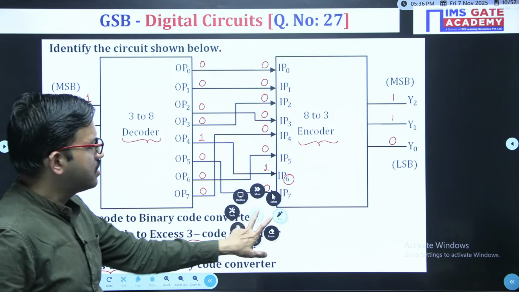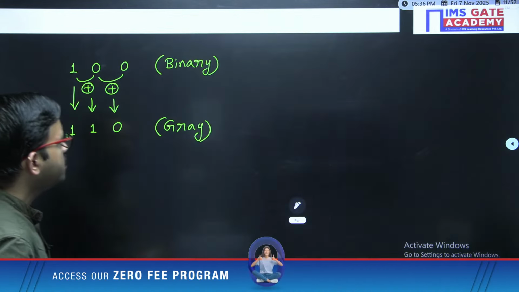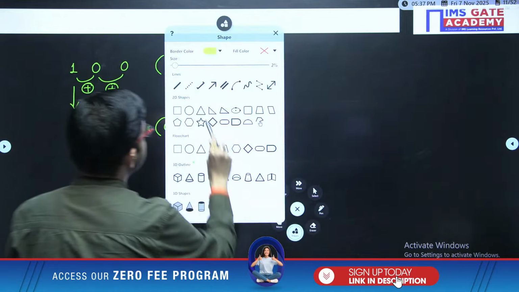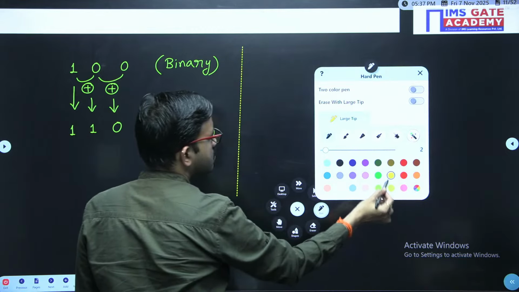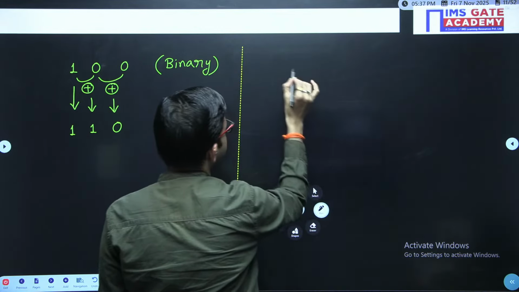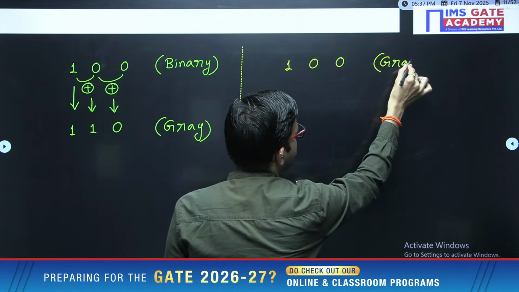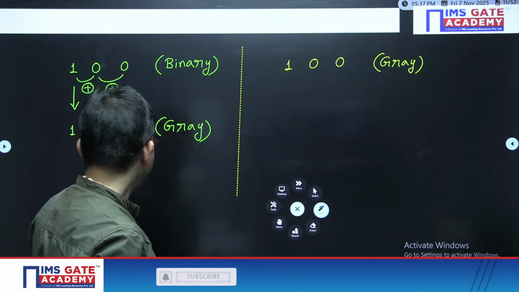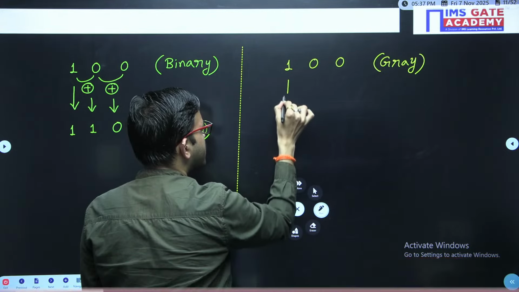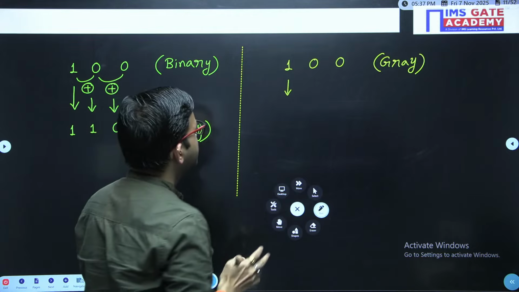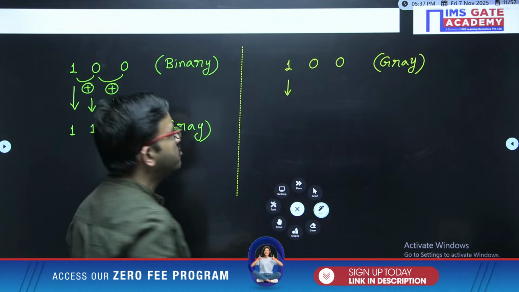Now some of you might be having the doubt, sir, whether it can be gray to binary or not. Okay, if you still have doubt, you can verify, no problem. Whatever the input here, same 100. Suppose you treat 100 as gray code. Now let us verify what the corresponding binary code is, whether you are getting it or not. See, as I told earlier, whether binary to gray or gray to binary, the MSB is copied as it is.